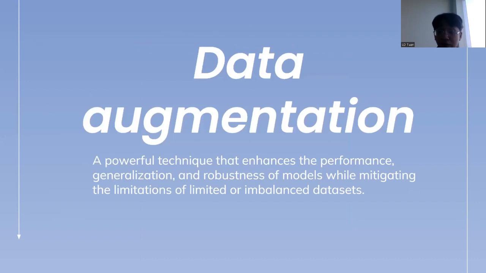One of the recommended methods for helping to solve the imbalance problem is data augmentation techniques. These are powerful techniques used by machine learning and deep learning models to artificially create new samples in the training set based on the existing data.